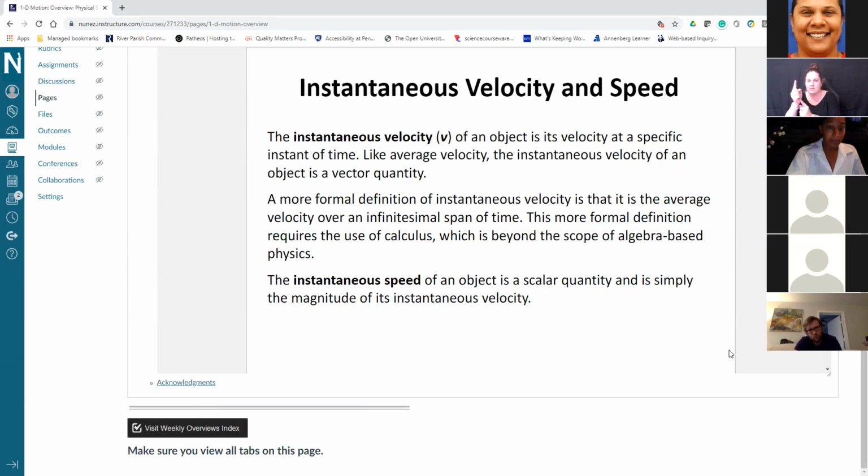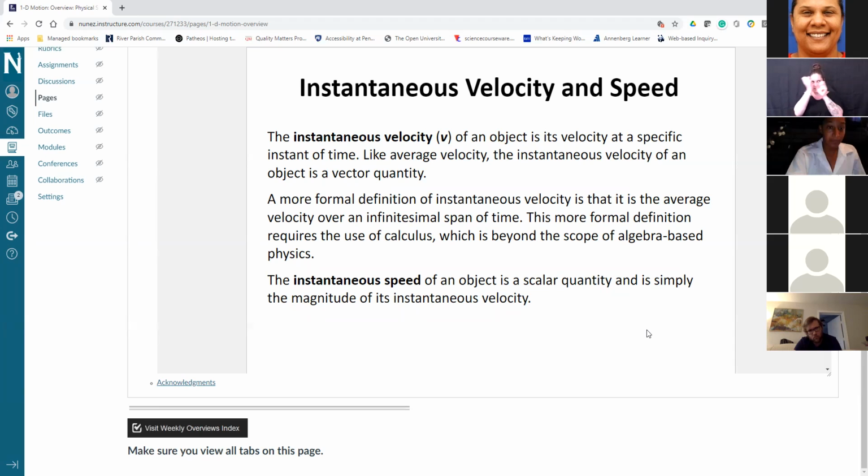That's sometimes a difficult concept to understand, because in our everyday experience, we don't think of stopping time at all. Time just keeps going, right? Time waits for no man. So this idea of freezing time for an instant is sometimes difficult to visualize or conceptualize.